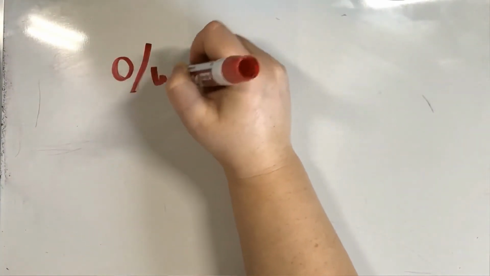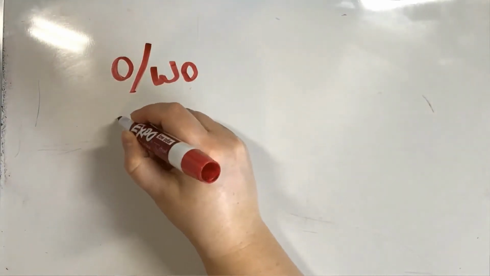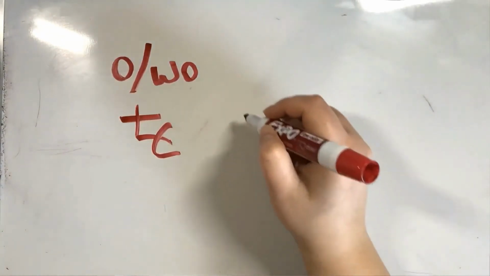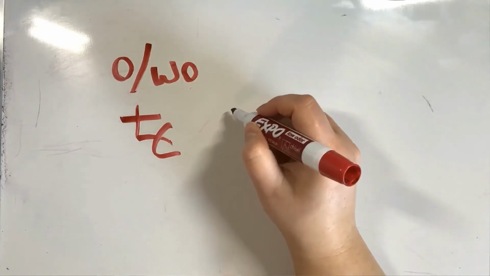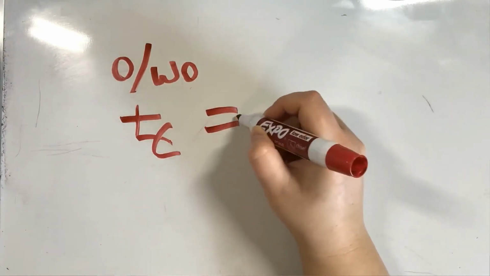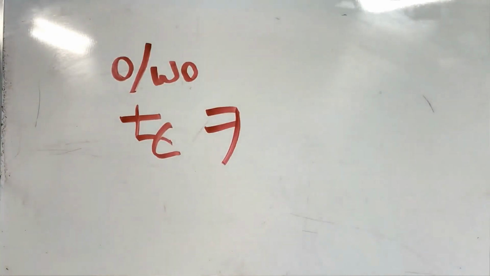Next one I'm going to show you is o or wo, so it's kind of pronounced like this. And remember in hiragana it looked like this. In katakana it looks like this. So again, you can see how a lot of these characters are very similar in appearance.